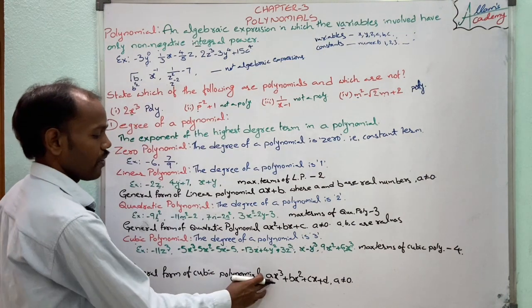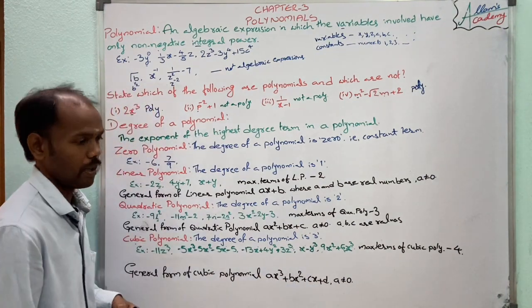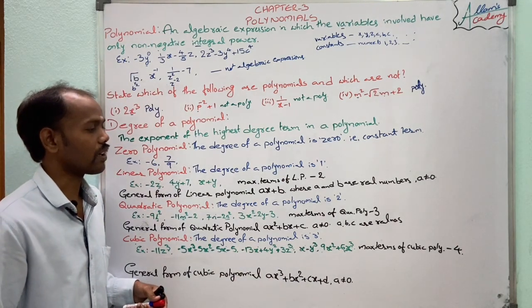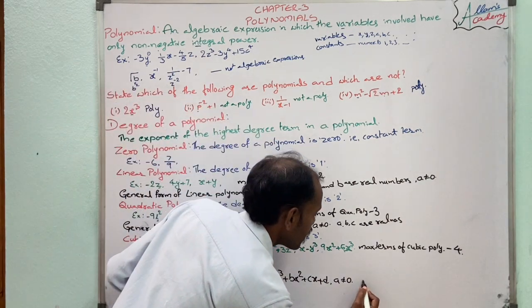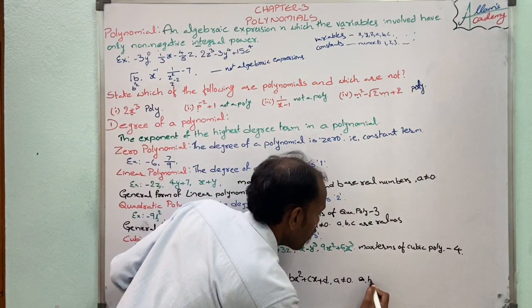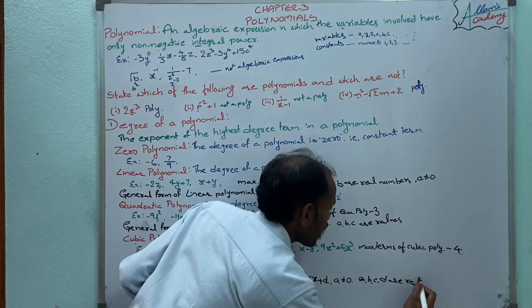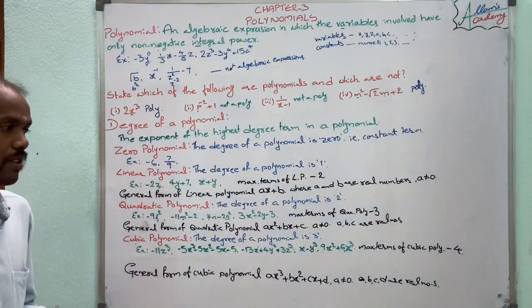Why? Because if a equals 0, then it is a quadratic polynomial. For that purpose the value of a must be not equal to 0. And a, b, c, d are also real numbers.